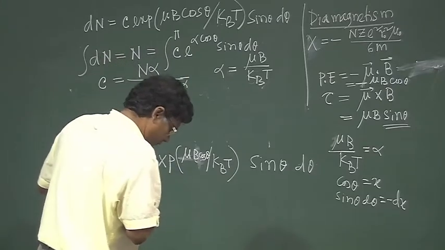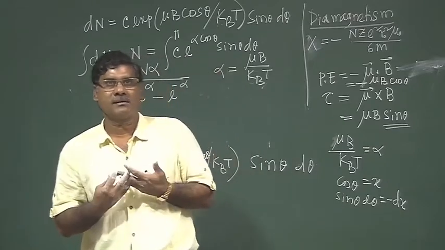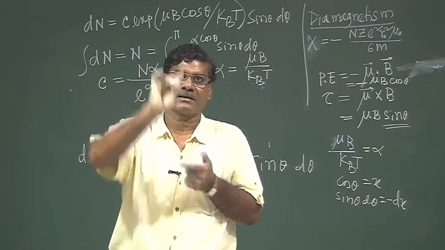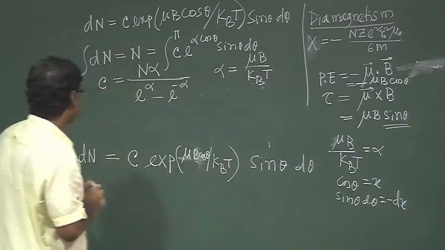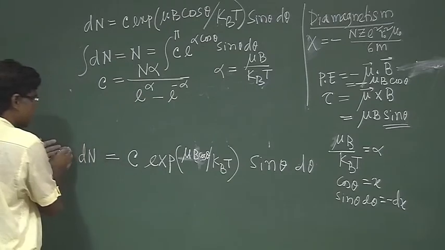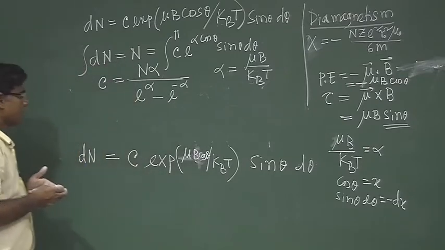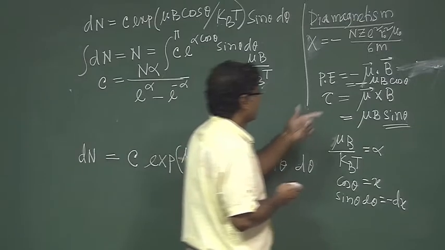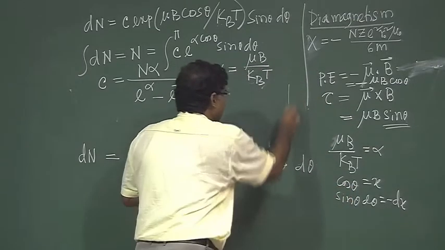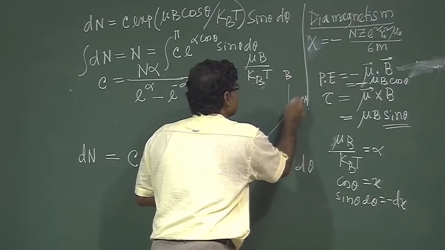So now what do I want? I want to find out the magnetization along the direction of the field. So this is the mu, this is the b, this is the theta.